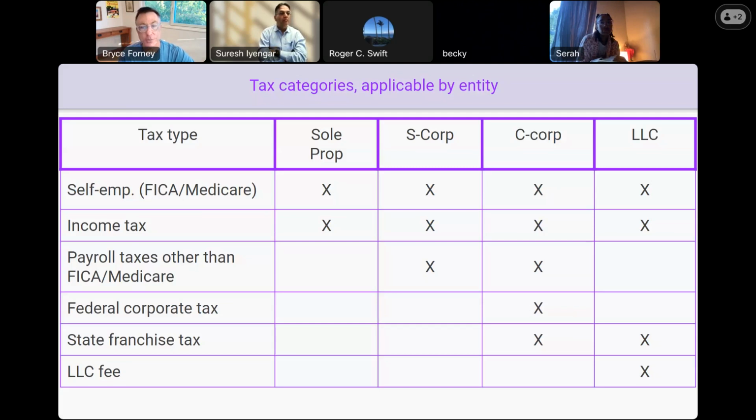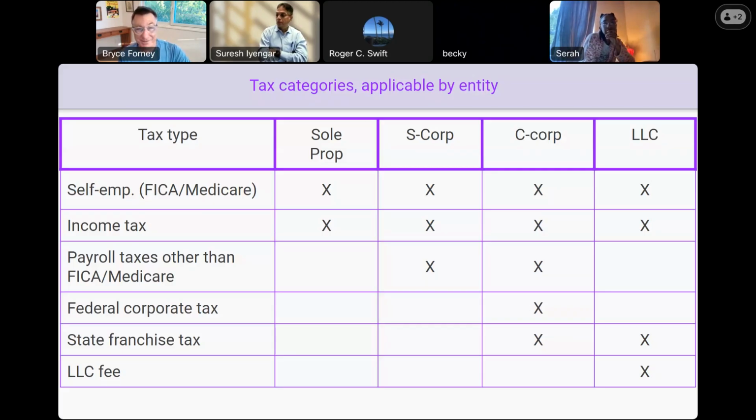If you're an S Corp or a C Corp, then you're going to have those additional payroll taxes. It may be state unemployment insurance. It will be federal unemployment tax and the state disability insurance. I mean, it depends on your state. I'm speaking as a Californian. So there are some additional payroll taxes.